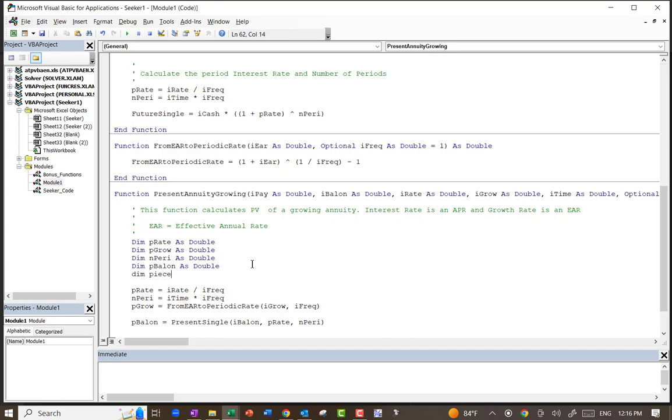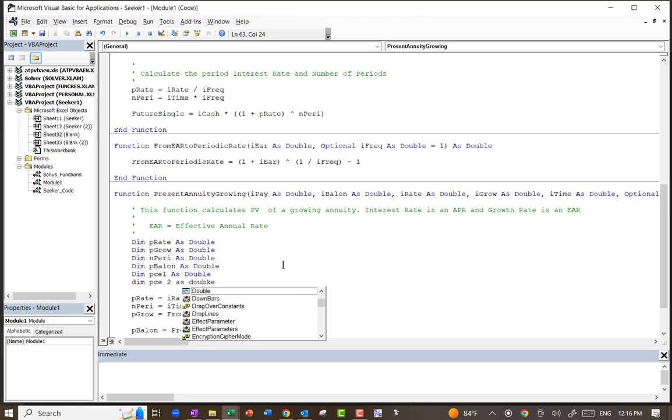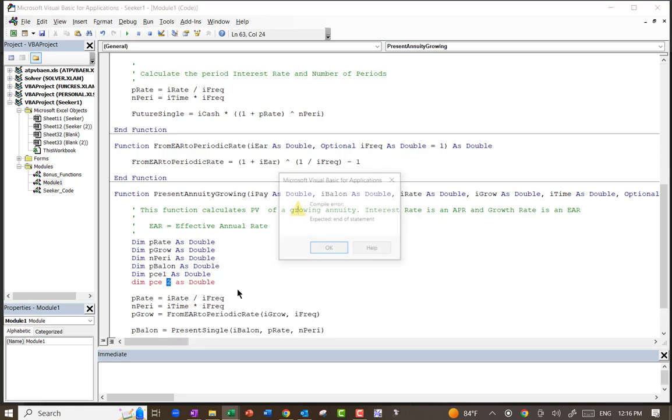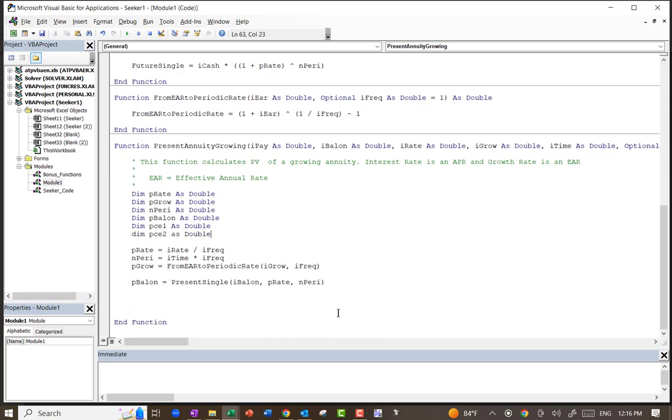And piece one is simple. Take the first payment, okay? iCash, divide that by period rate minus period grow. That's first piece. Okay.